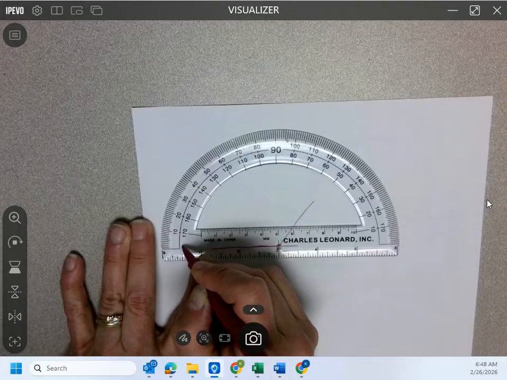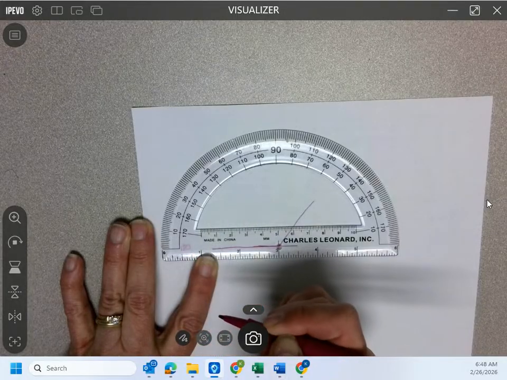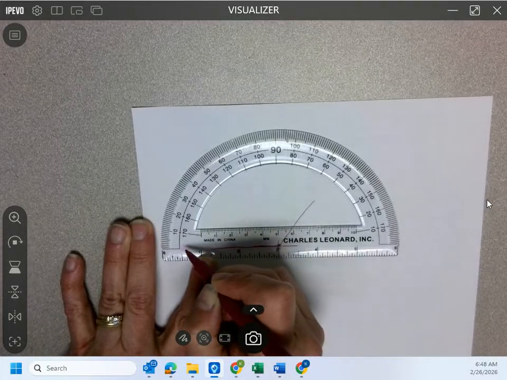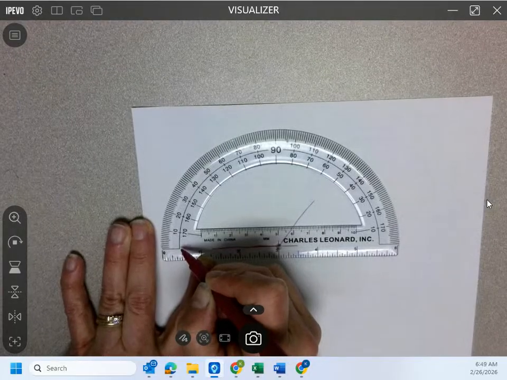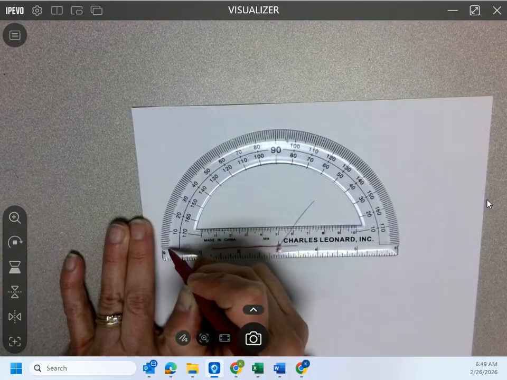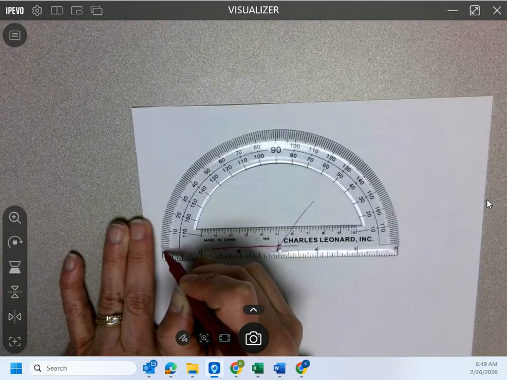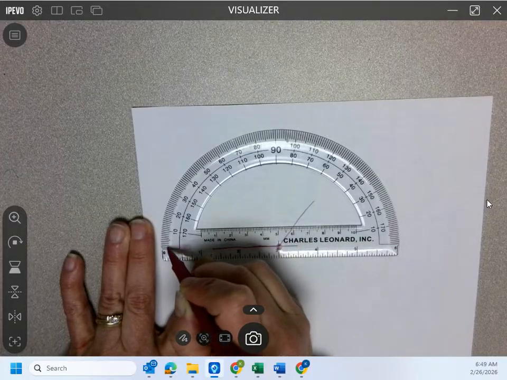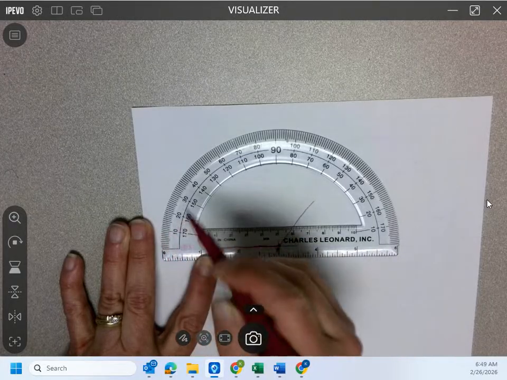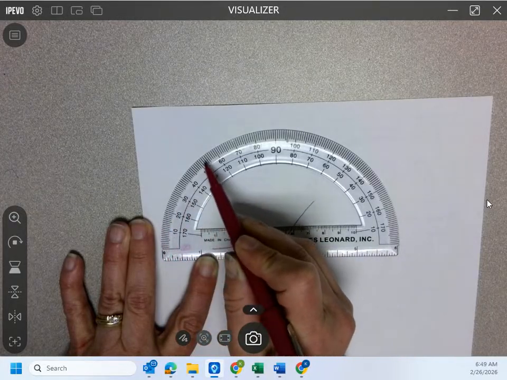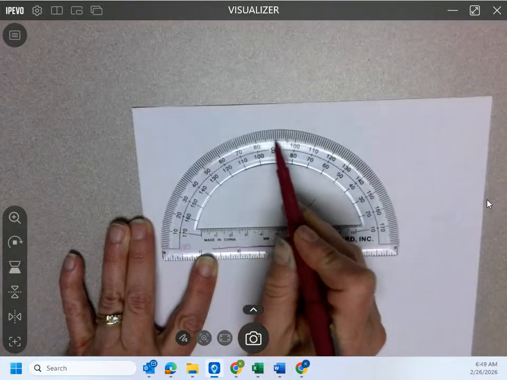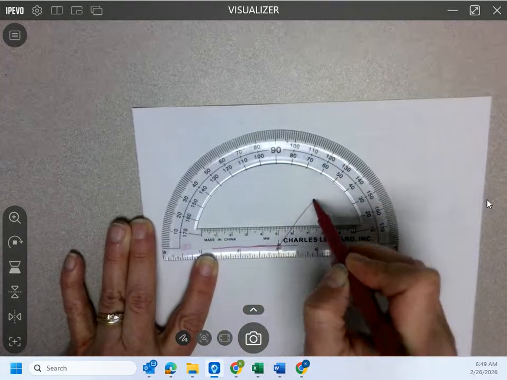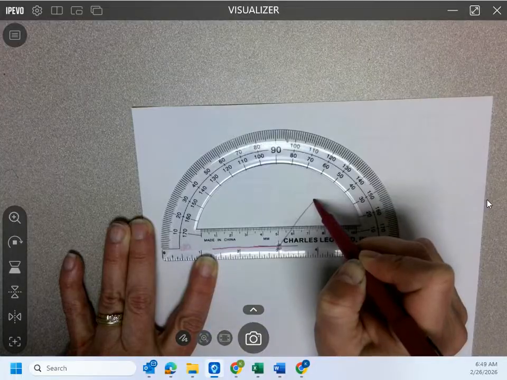It's not written, but we know that's a 180 right there. So I don't want the inside numbers because that's 180. I want the outside numbers where I see that 0. So for this angle, I'm going to use the outside numbers, and I'm going to come all the way around until I get to where this other line of the angle is.